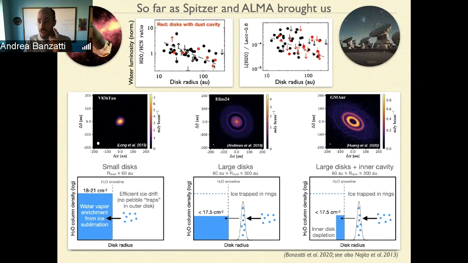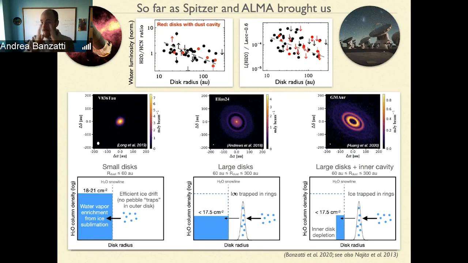And this naturally fits into those predictions from 20 years ago. In fact, if you think about efficient drift of ice that brings pebbles, a lot of mass of ice, inside the snow line, we should observe very large columns of water right there.